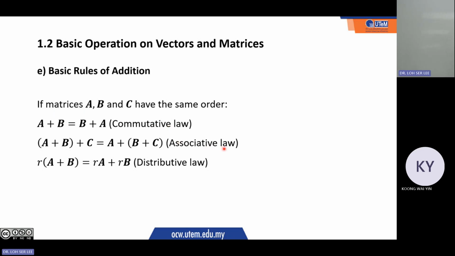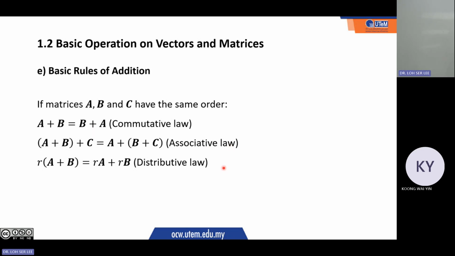Associative law means if you have three matrices, we solve the first two, then we add C. On the other hand, we solve the last two, then we add A. You will get the same answer, so it satisfies the associative law.